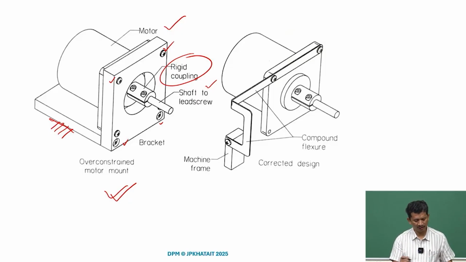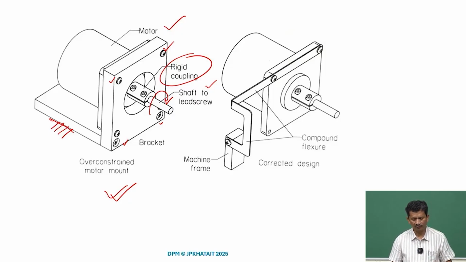Although the idea of the motor is to just rotate the shaft without giving any other forces, since it is rigidly connected, because of the offset and misalignment, there will be huge forces generated, and the company encountered a lot of problems with these units. They tried to fix many times, they tried to fix the alignment, they tried to adjust the bolting, but could not get rid of the problem.